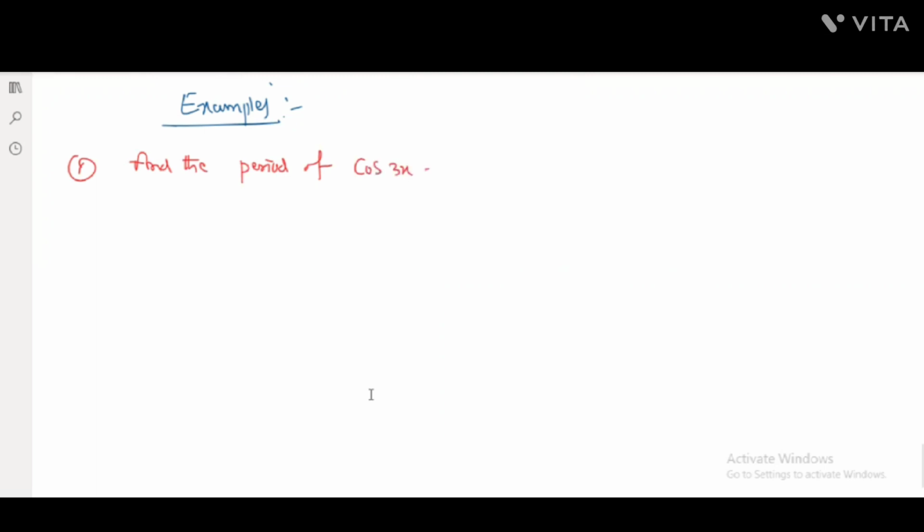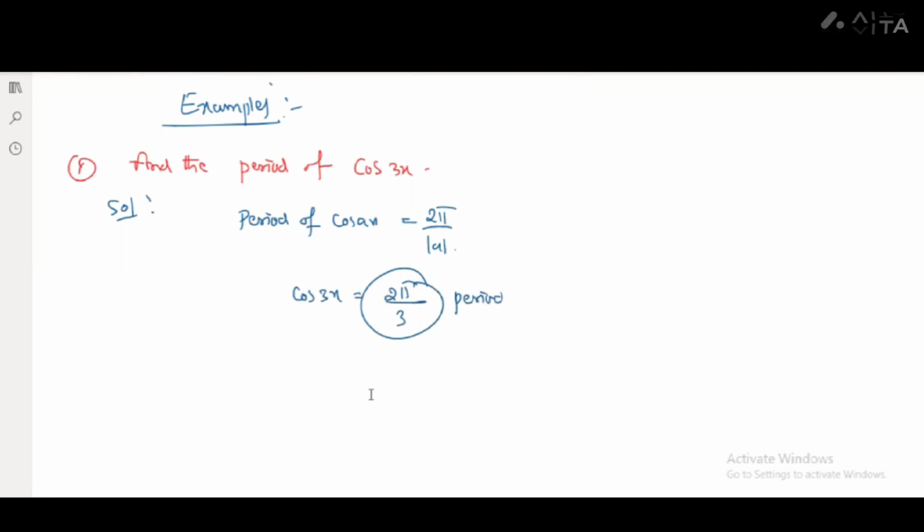Generally, what is the period of cos ax that we discussed? It is 2 pi by mod a. So in place of a we have 3, which means the period will be 2 pi by 3. So this is the period of cos 3x.